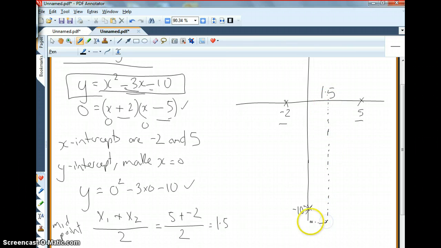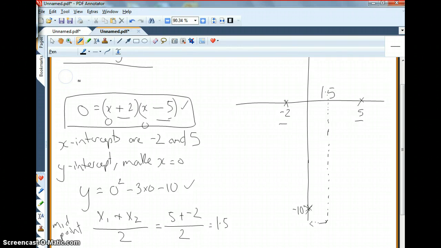So at 1.5, I need to find the y value. I'm going to use this equation, although I could use the top one as well. I'm going to use the factorised version.